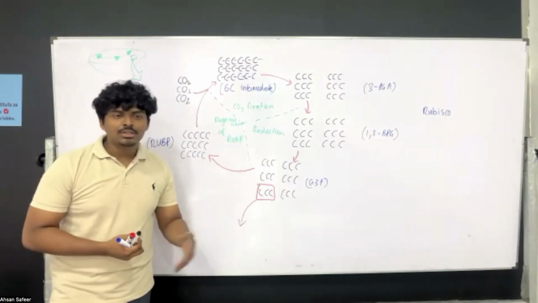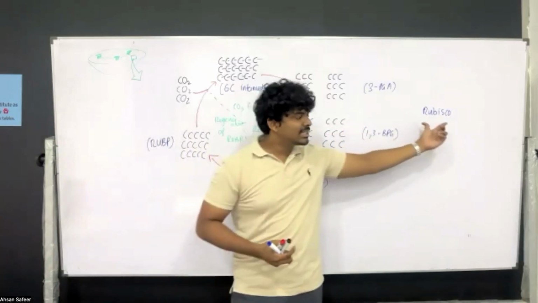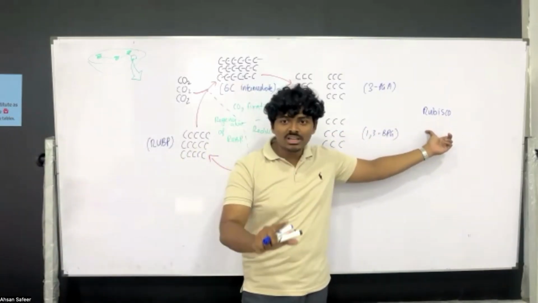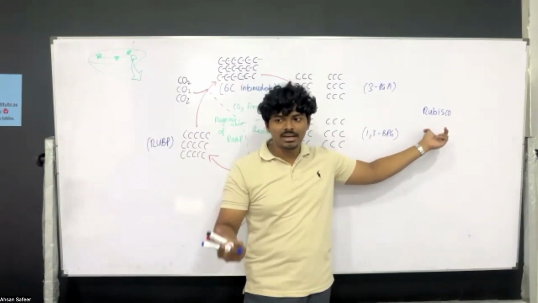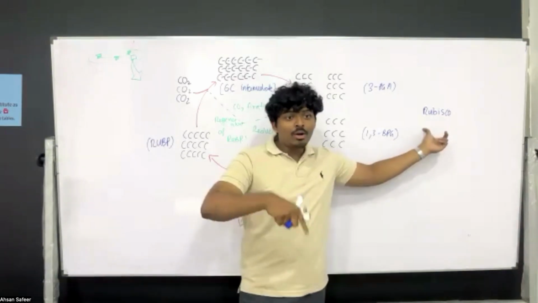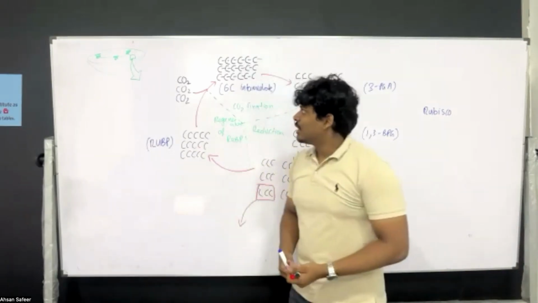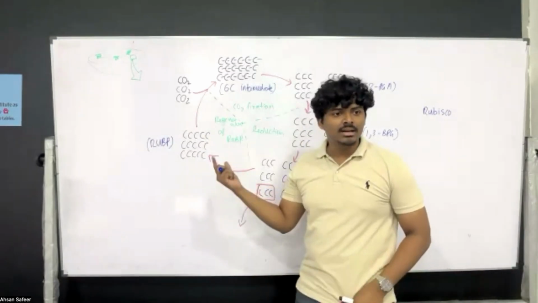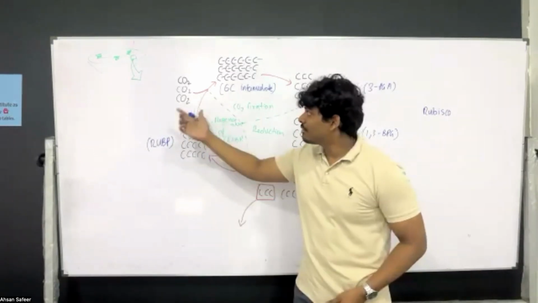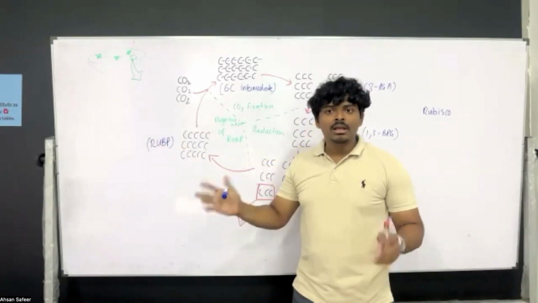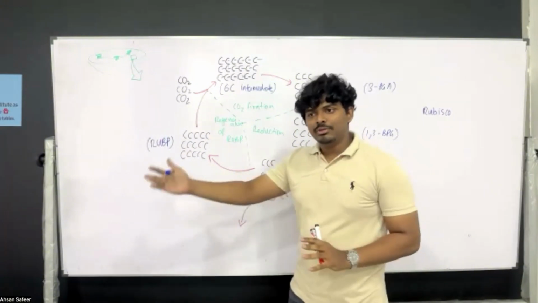Adding an oxygen. So this enzyme is known as RUBP carboxylase oxygenase. So what does that mean? It can add a carbon or it can add an oxygen. So for example, if there was a lot of oxygen, what will it add? Oxygen. If there is a lot of carbon dioxide, it will add carbon dioxide. Okay. That is relevant in the future.